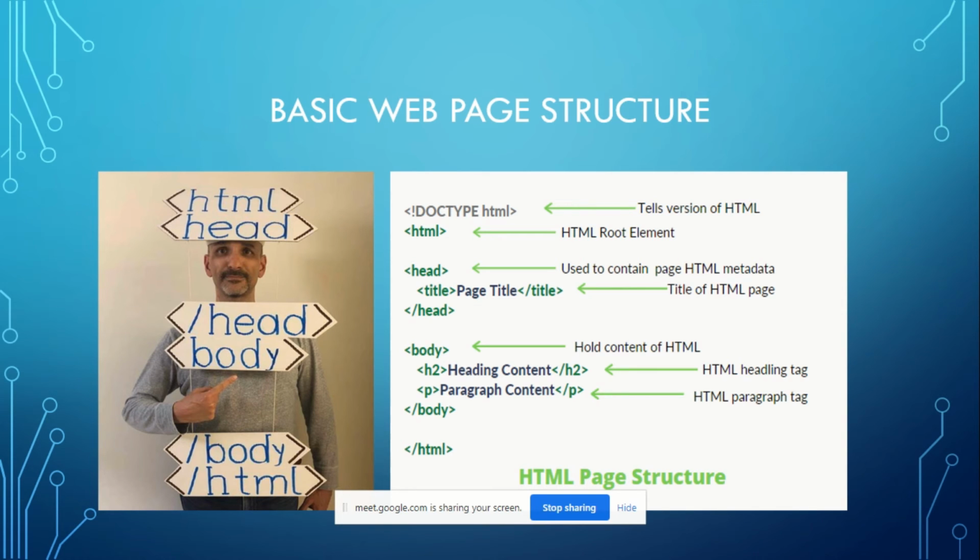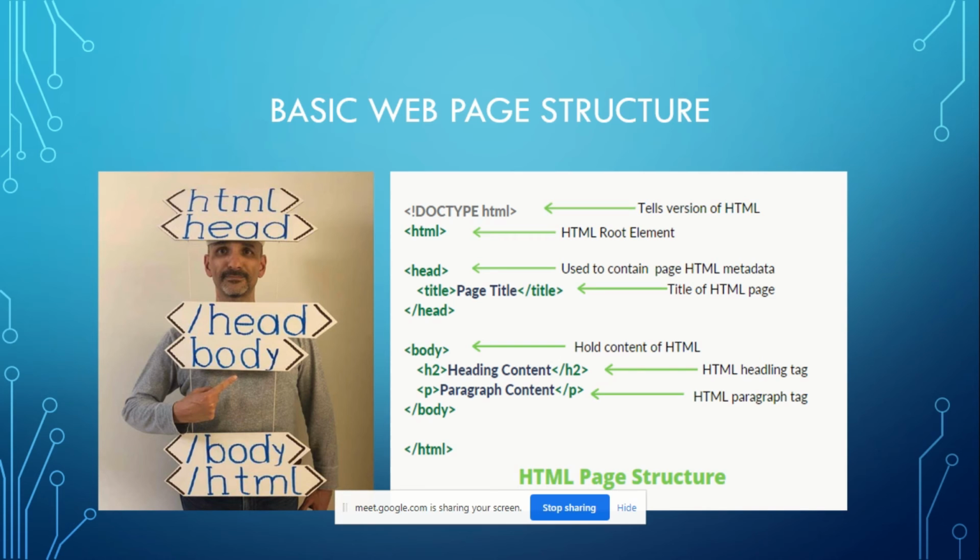Then we have the body section, which starts with the opening body tag and ends with the closing body tag. Whatever appears in the body is what will be displayed on your web browser, your web page. Anything that is outside of the body will not be displayed in your browser, except for the title tag that appears at the top.